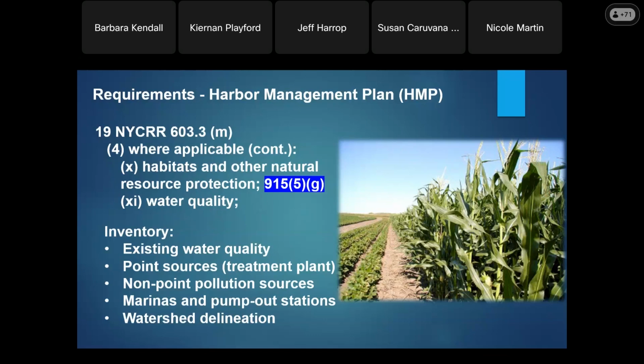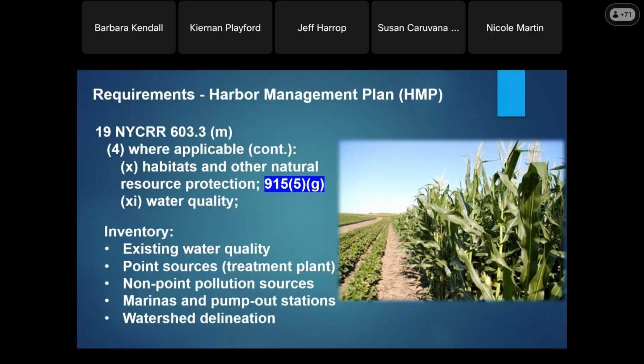So things that should be inventoried include the existing water quality and a description of point and non-point pollution sources. Point source, of course, is a sewage treatment plant. Non-point source would be roads, agriculture, or just commercial areas as well.